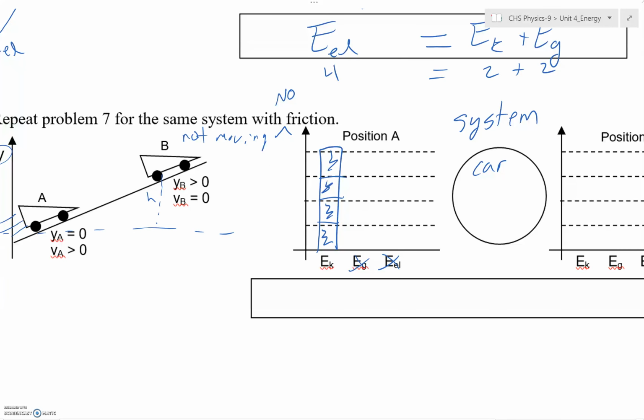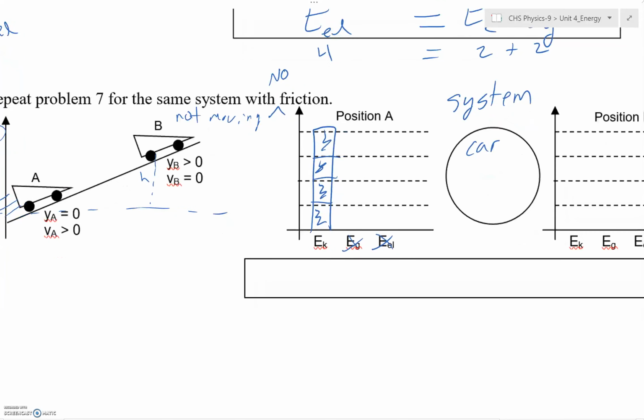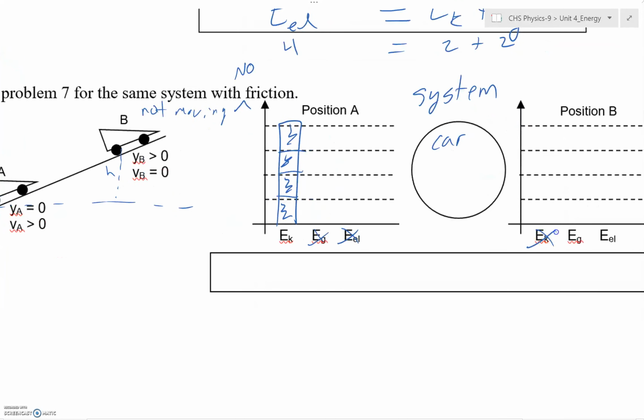Then in the end, it's not moving, and if there's no friction, then nothing's going to enter or leave the system. So we've got no kinetic in the end because it's not moving, and no elastic because nothing's being stretched or compressed. So all of the energy, this one's pretty easy, is just going to be in the gravitational account.